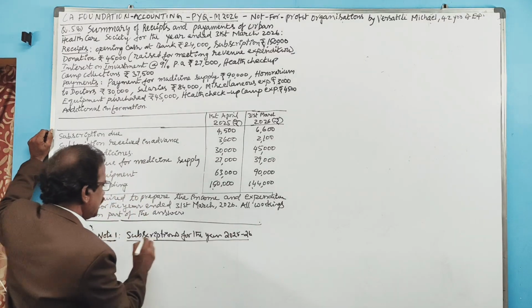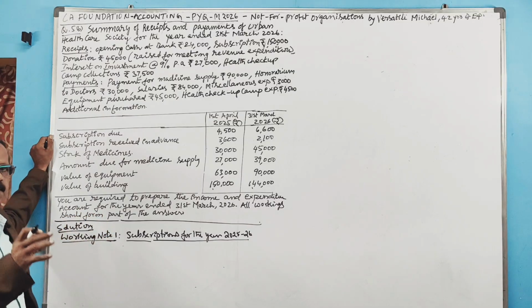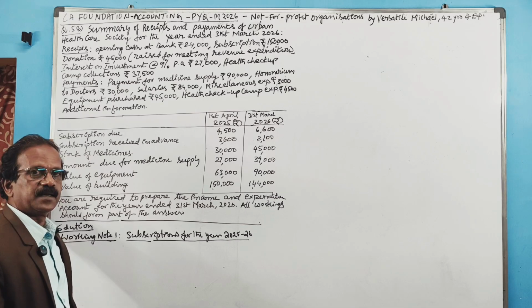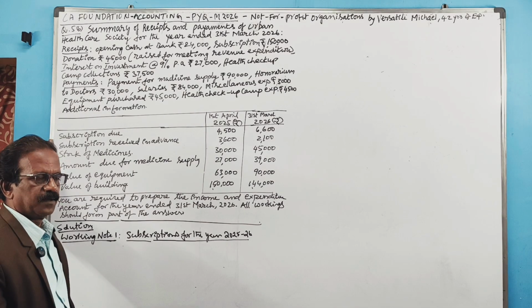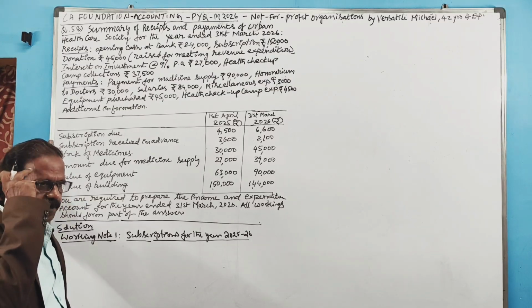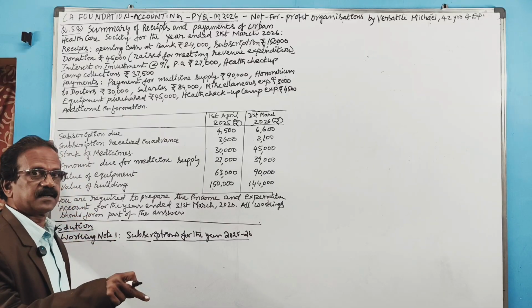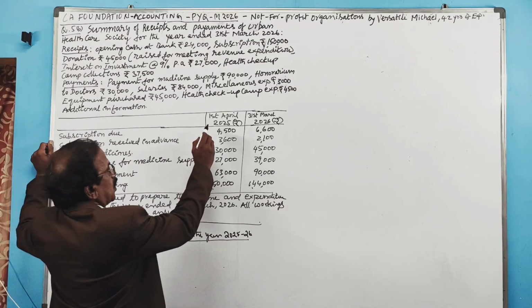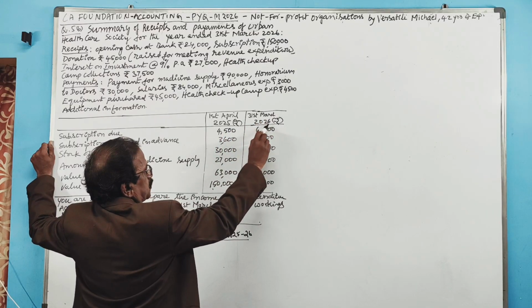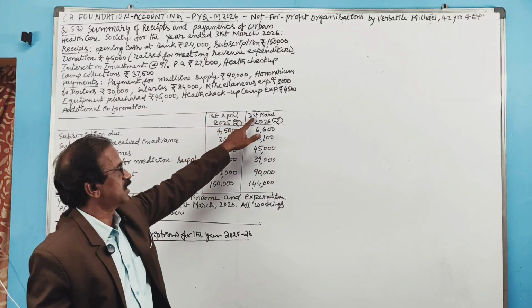Here we are going to calculate the amount of subscription that should be shown on the credit side of the income and expenditure account. Keep in mind the subscription relating to this year, which starts on 1st April 2025 and ends on 31st March 2026.